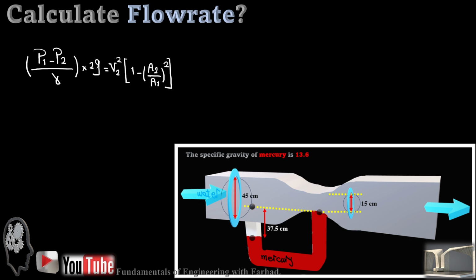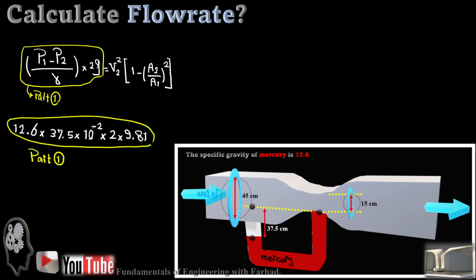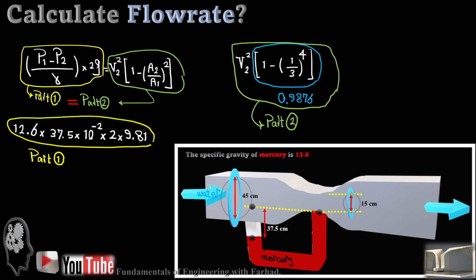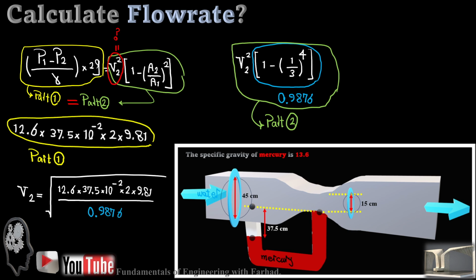So we have part 1 equal to this term and part 2 equal to this term, and part 1 should be equal to part 2 based on Bernoulli's equation.